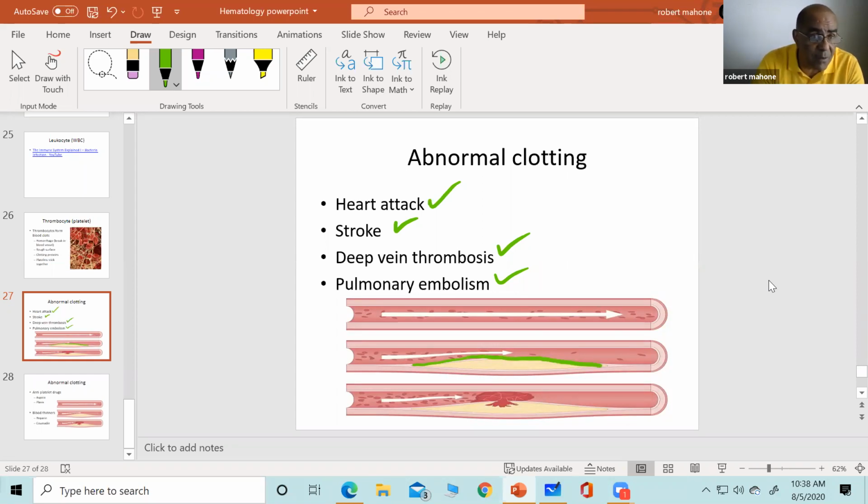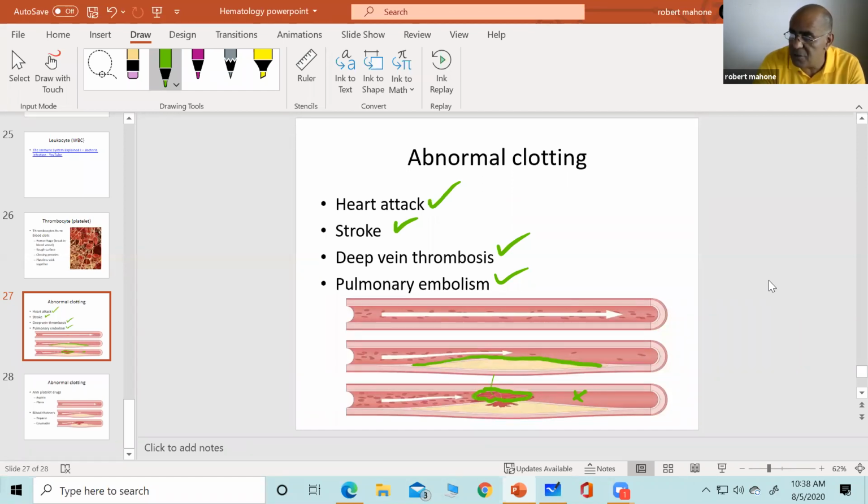You're building up a lot of plaque in there. And as a result, a blood clot gets caught on that plaque and cuts off circulation to the distal side. So if you have a lot of plaque in your blood vessels, it can lead to heart attack, stroke, deep vein thrombosis, or pulmonary embolism, a blood clot getting caught on that.